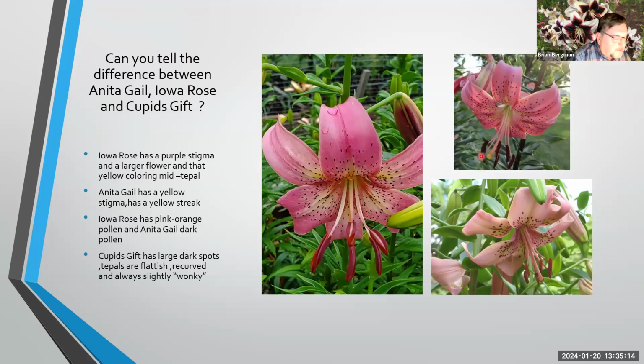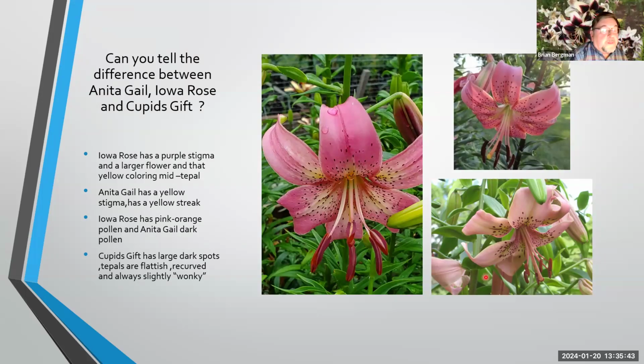There's a major difference in the color of the anthers. Also notice Anita Gale has a little yellow streak, not a mid-stripe, more of a streak. It's like an extension of the nectary furrow, and a lot of times you'll see the color that's inside the petal. And Cupid's Gift, you see those wonky petals, and they have bigger spots. So it's starting to get easier to tell the difference.